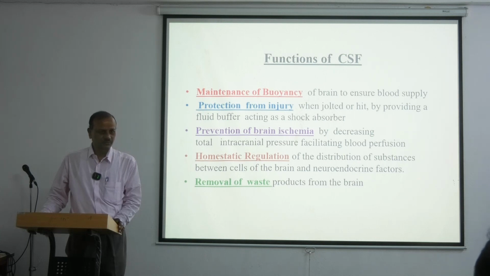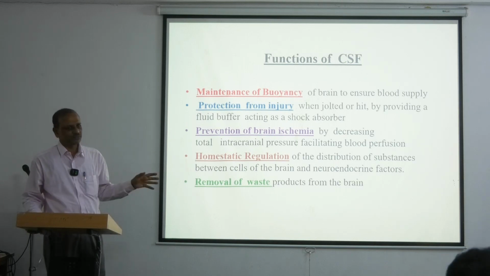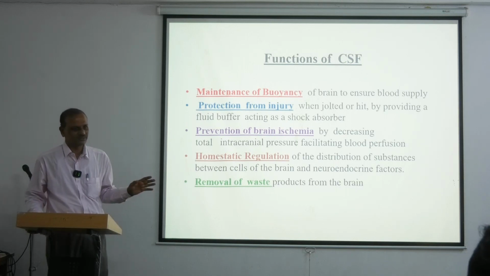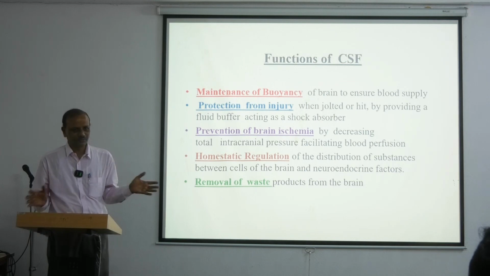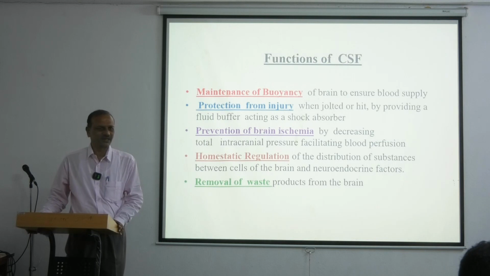It is about 3 to 4 ml, and then it decreases as the child grows, and finally to adult life. You can see, a child is supposed to suffer from some amount of head injury. So if the CSF volume is not more, obviously the chance of high head injury will be very high, and it will be causing permanent neurological damage.